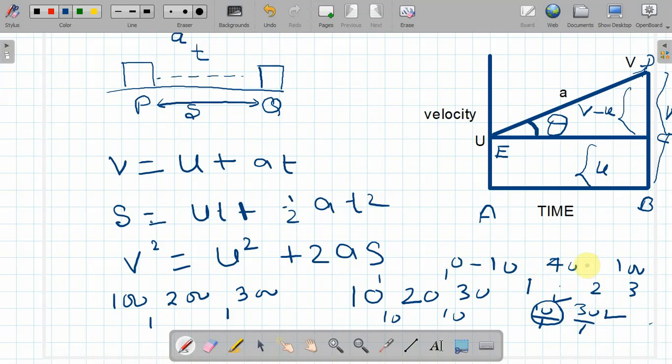Now again, 100 minus 40 is 60 divided by 1, so the acceleration is 60. If the acceleration is changing in this way, you cannot apply these equations of motion. This is the most fundamental concept: the acceleration must always be constant, then only you can apply the equations of motion.